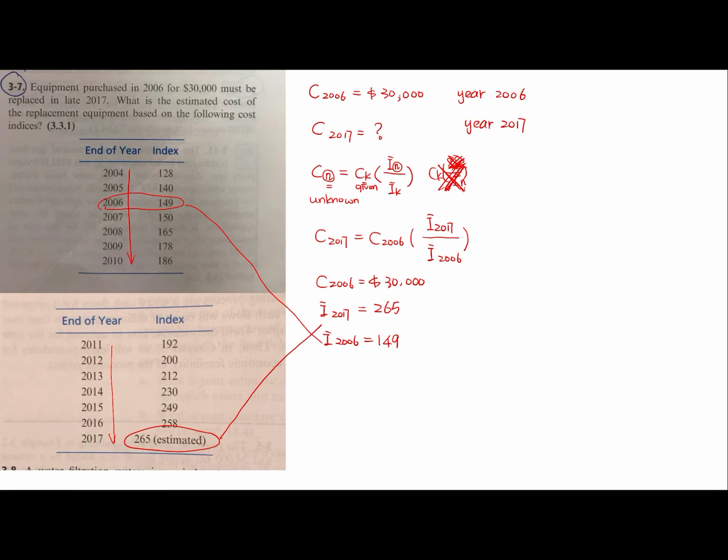So your C 2017 is going to be 30,000 times 265 over 149, which is 53355.7. So that is your estimated price for the same equipment in the year 2017.